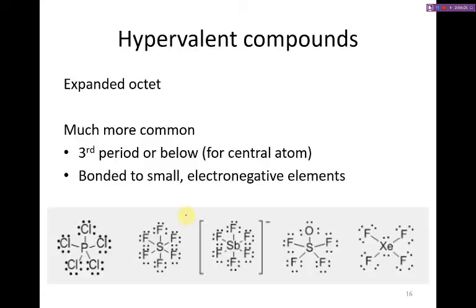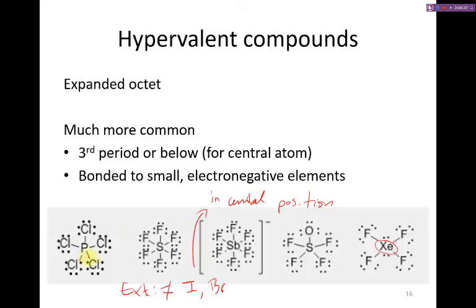The exterior cannot be things like iodine or bromine. However, these could be in the interior. They could be in the central position. And you'll even notice that noble gases can form bonds in these types of scenarios.